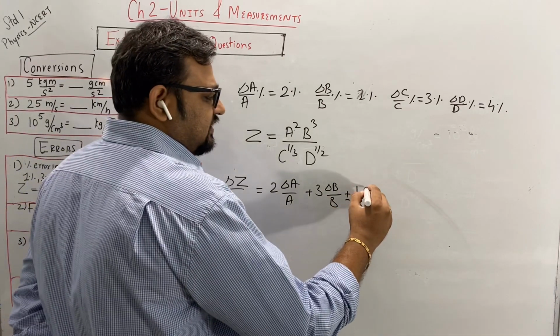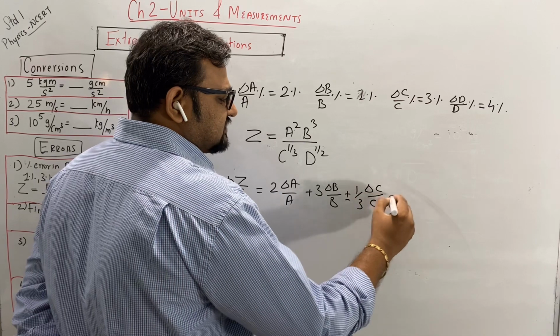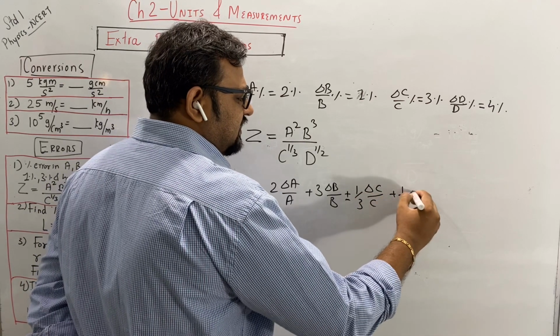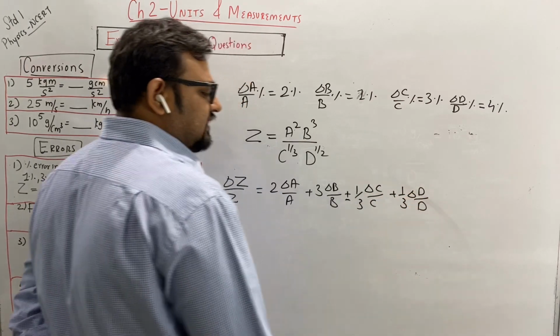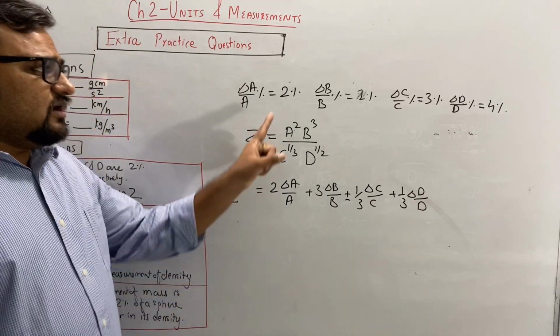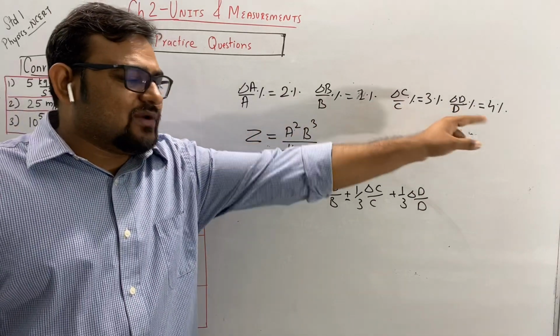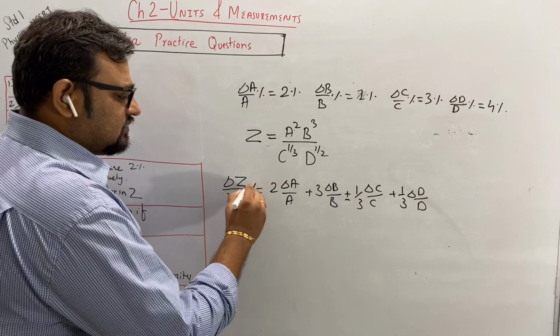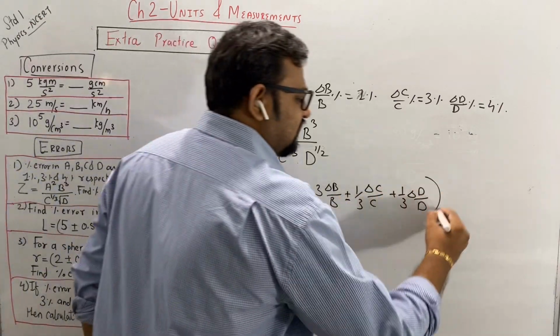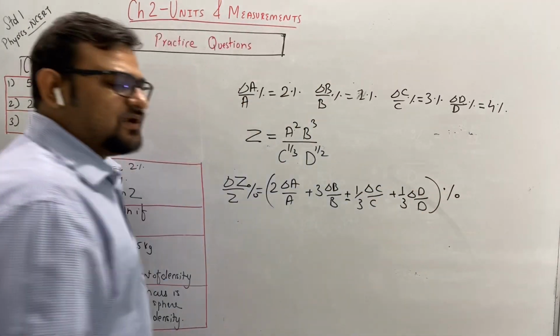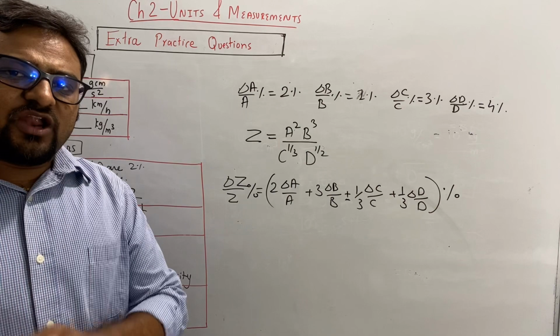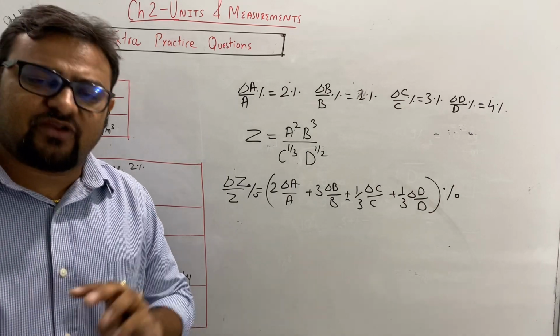Plus 1 by 3 delta C by C, plus 1 by 3 delta D by D. Clear? But now here, the values are directly given in percentage. So my final answer will be directly in percentage. Finally, no need to multiply by 100.